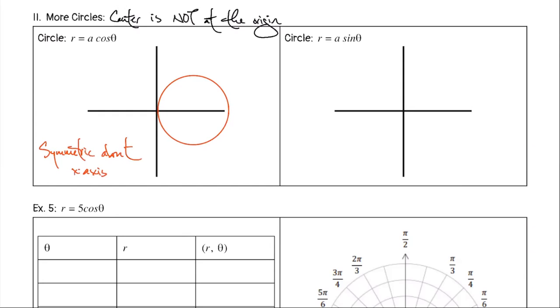One thing that is different about this circle is that a is not the radius, but a actually tells us the diameter of the circle.